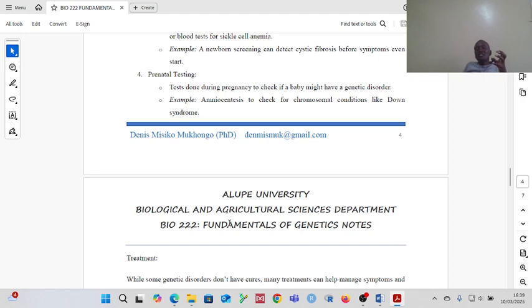By getting a sample from the child in the mother's womb, they can look at the genetic makeup of that child and assess if the child is carrying a particular mutation. Then you know that if this child has this mutation, chances are that upon birth, the child might either suffer from this genetic disorder or not.